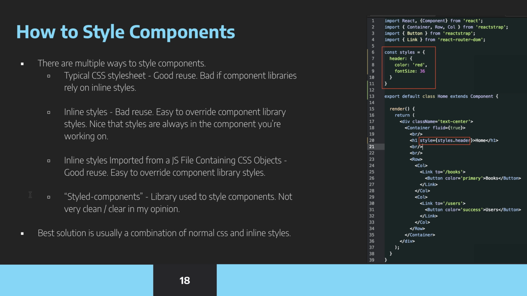So I think the best combination is using both. You want to try to rely on CSS styles as much as possible. But yeah, it's just a balance depending on your project and what tools you're using. So it's typically a combination of both things.